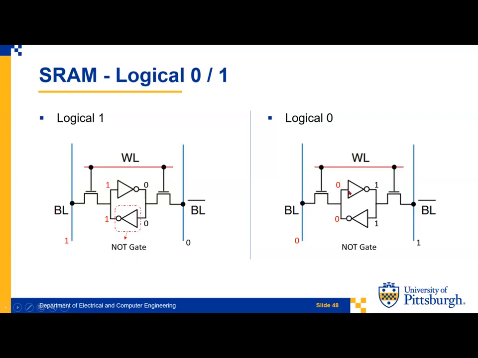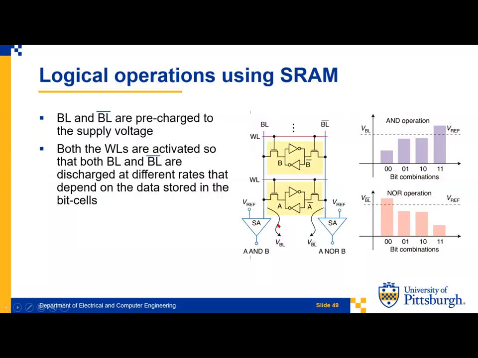Here, the content of the SRAM is logical 0, and the word line turns the MOS on, and we could read the result from the bit line. And this slide shows how to do the logical operation using SRAM. The logical operation is the AND operation: 0, 0 gives 0, right? 0, 1 is also 0. 1, 0 is 0, and 1, 1 is 1.